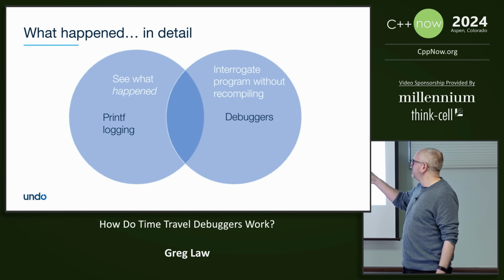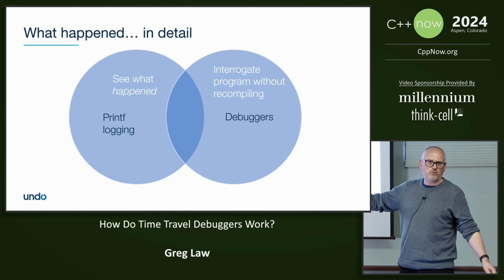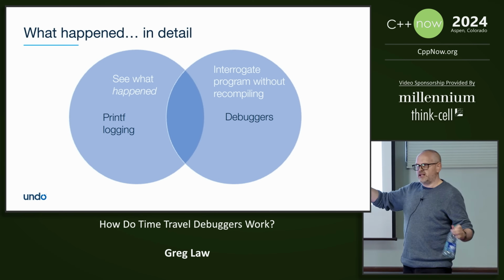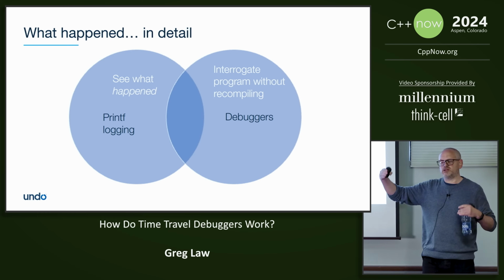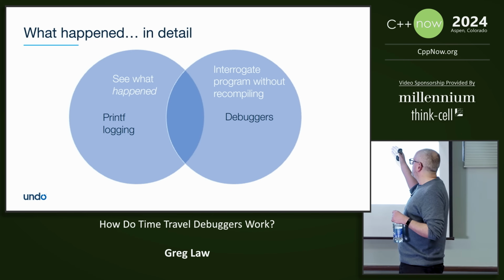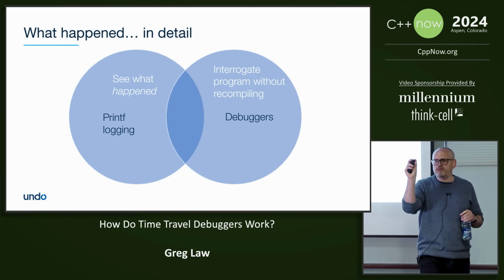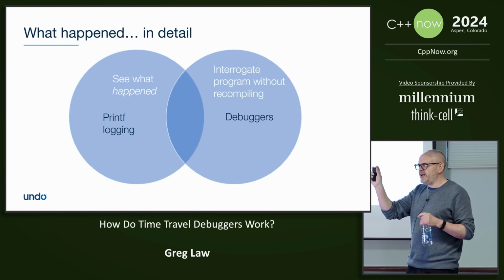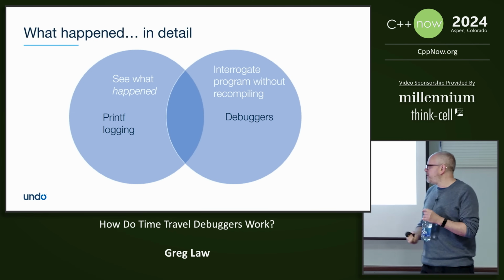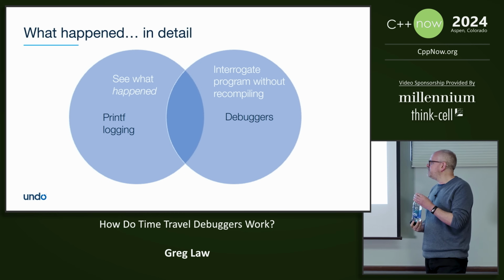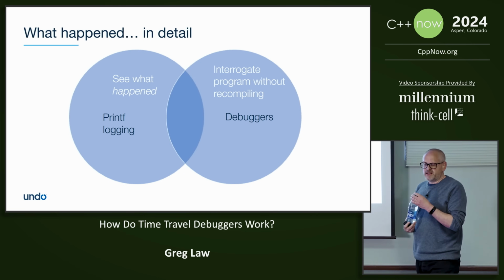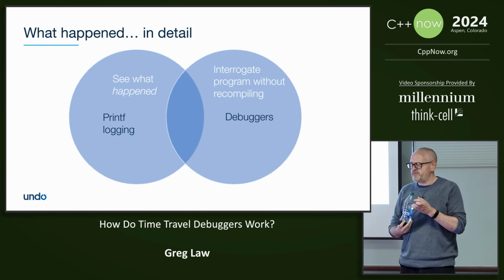So printf logging is good at telling you what happened. It gives you a story of the program's execution, past tense. But it gives you just little breadcrumbs of what happened, tiny bits of information compared to everything that's really happening. And if I could think in advance about what printf I need, I probably didn't make the bug in the first place.